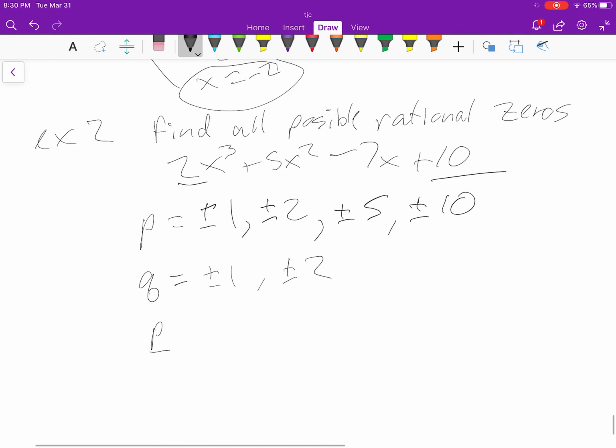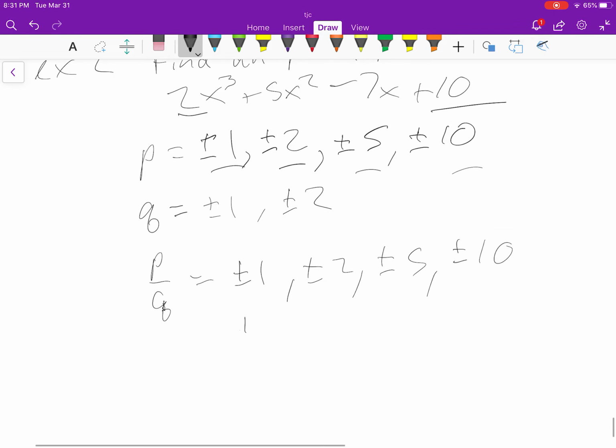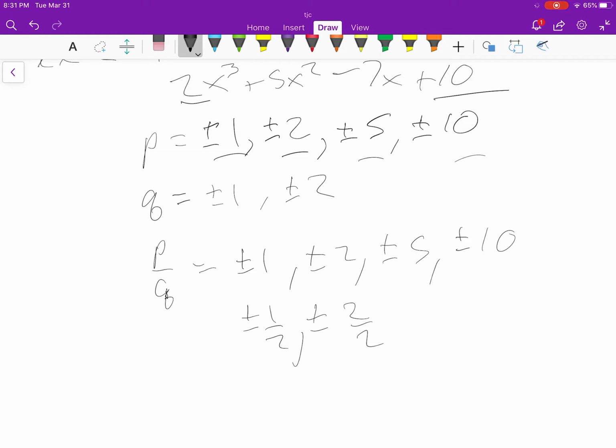So p over q, possible solutions to this are plus or minus 1, plus or minus 2, plus or minus 5, plus or minus 10, plus the same thing with the 2 on the bottom: plus or minus 1/2, plus or minus 2 over 2, which I'm going to discard because the 2's cancel and it's equivalent to the one up here, so we don't need to repeat.